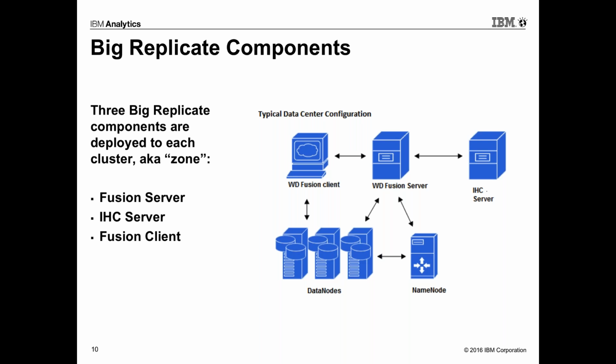You have the Fusion server, and also something called the IHC server, or Inter-Hadoop Communication server. And there's also a component called the Fusion Client. All three of these components deploy to each cluster, and we call them zones.